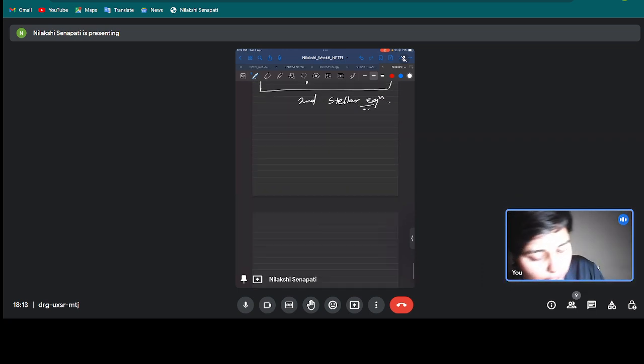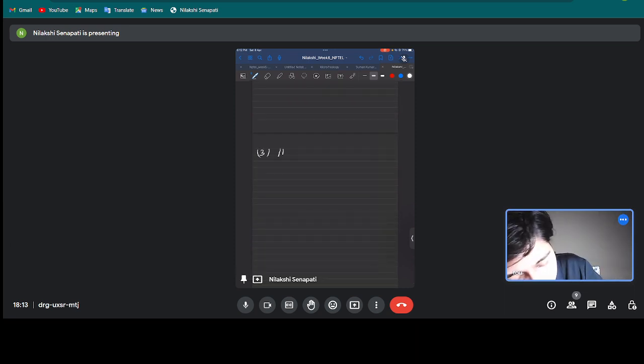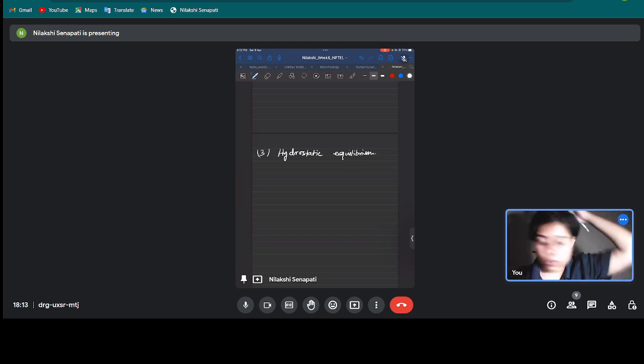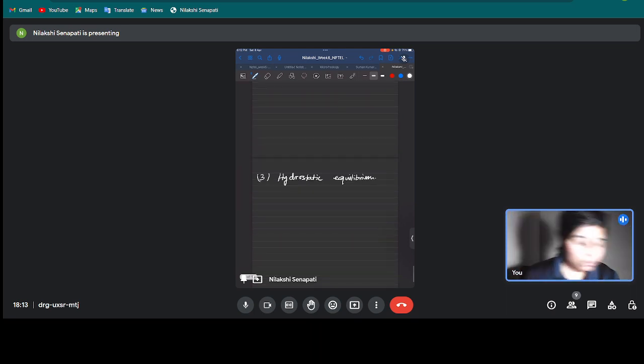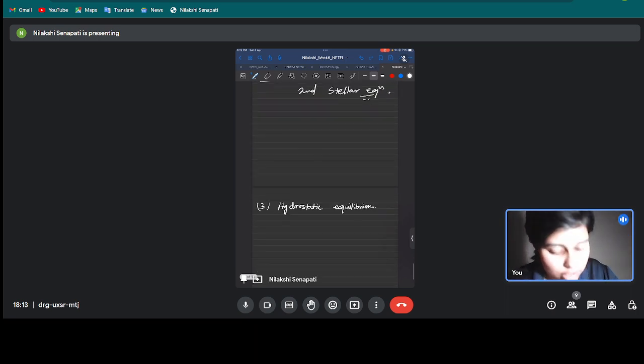Last but not the least, hydrostatic equilibrium. In hydrostatic equilibrium, what will happen? That is what I was telling just now.